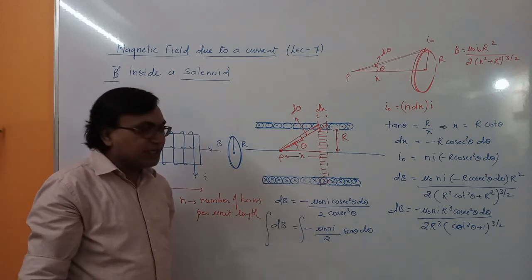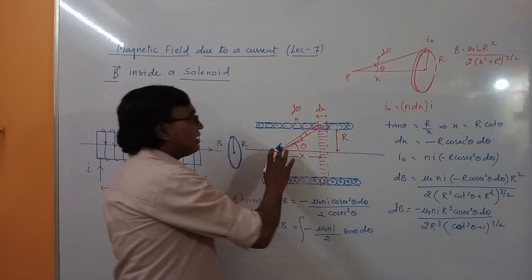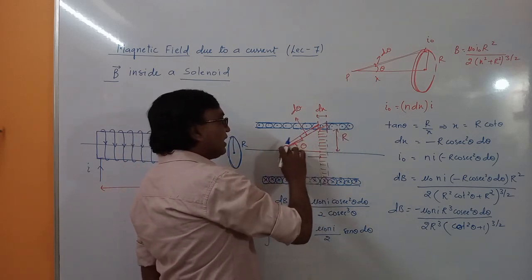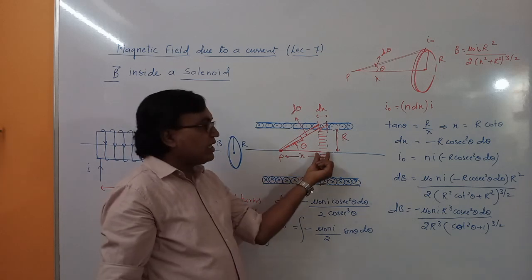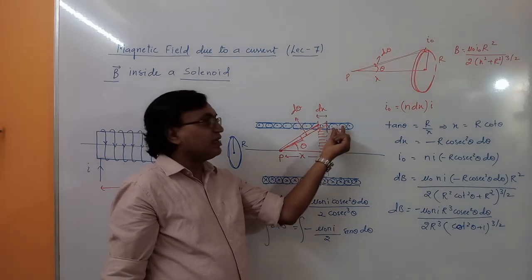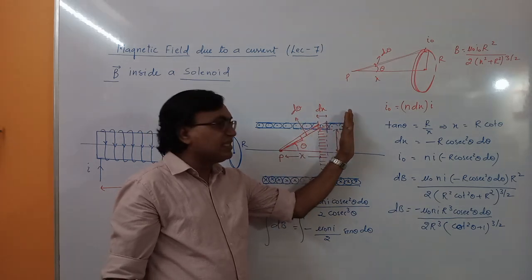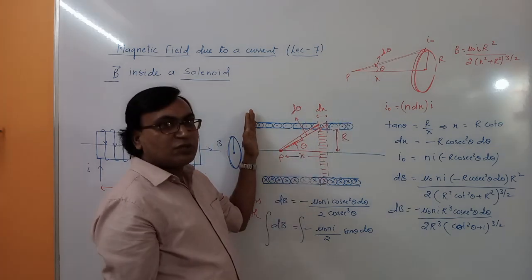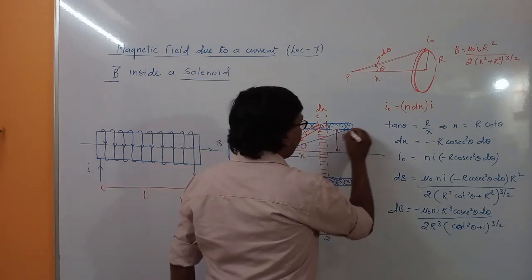Now for integration we need limits. Now see here, we have to integrate from this point to this point. We have taken a small element here, and we will take a small element here, and in that way we will go on taking small elements till this point. So this is your limit.